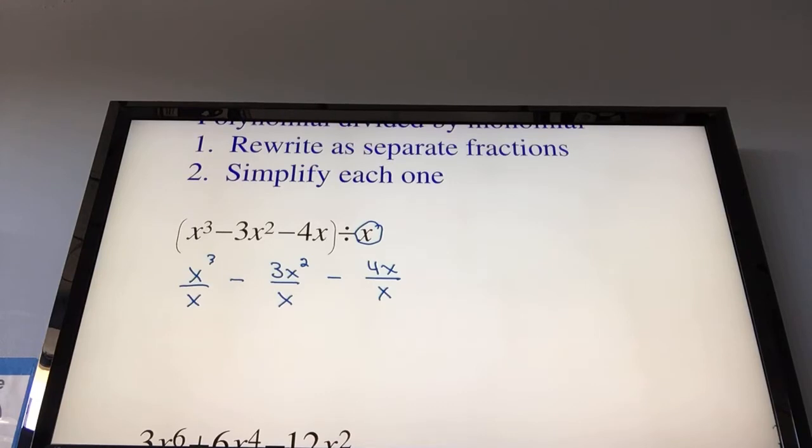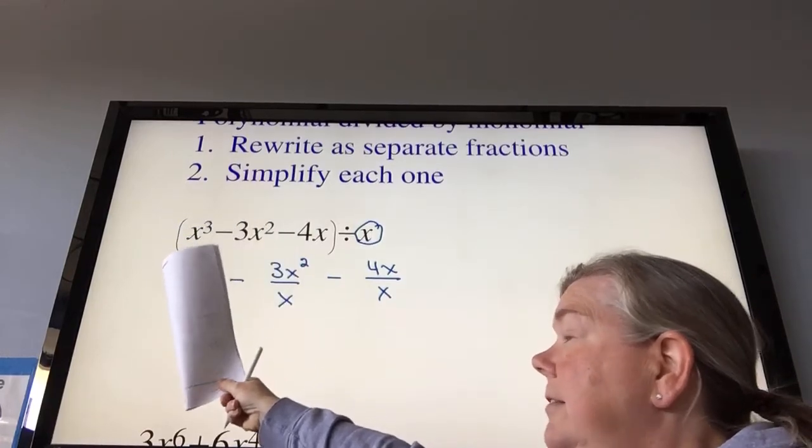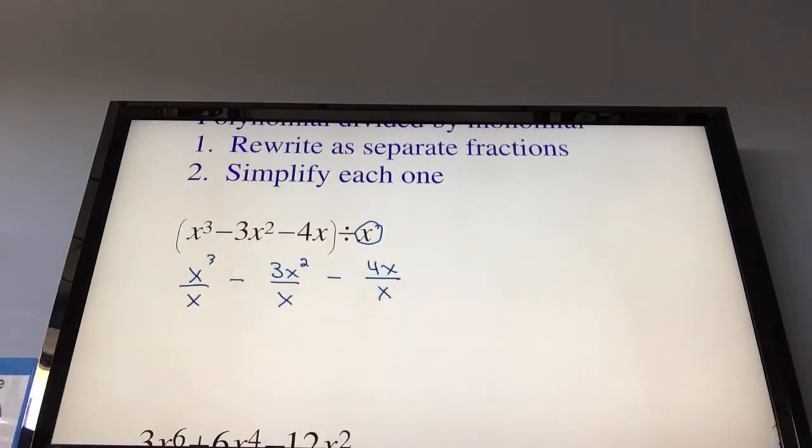Once I do that, it's actually easier than the homework we just went over, because I'm going to simplify the first one, and then the second one, and then the third one at a time. And you won't even see negative exponents, so that makes it even easier, okay?